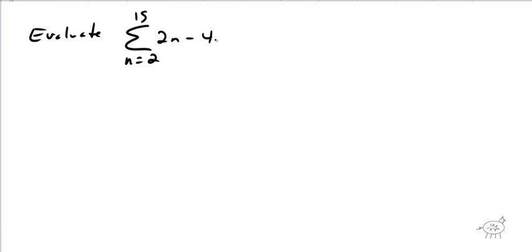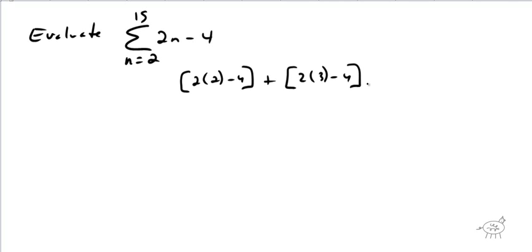But if I look at the first few terms here, if I do 2 times 2 minus 4 plus 2 times 3 minus 4 plus 2 times 4 minus 4. Just look at the first few. I'll get 0 plus 2 plus 4.